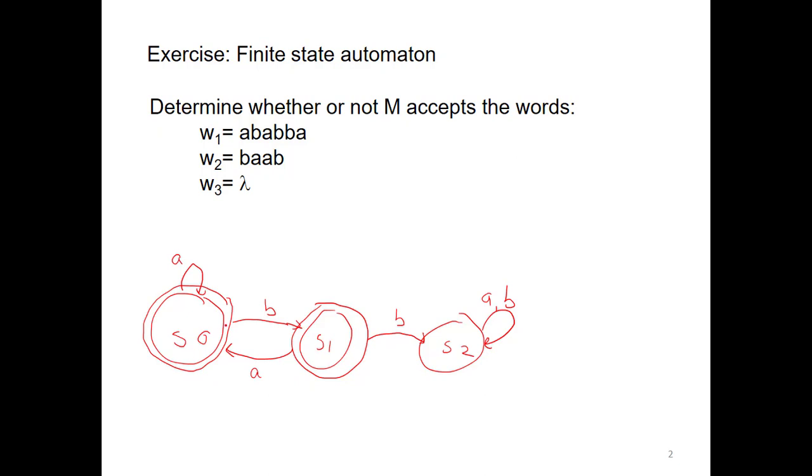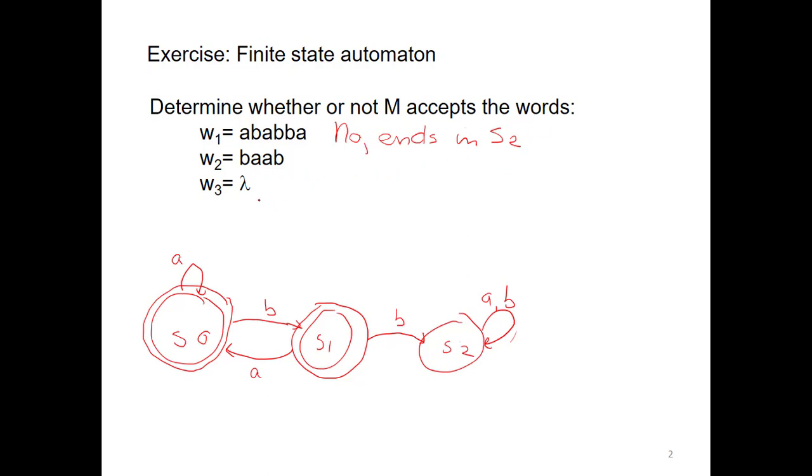We get a B, so we go to S1. We get another B, we go to S2, and we get an A, and we are still in S2. So, is that word acceptable with its finite state automaton? And the answer would be no, because we're ending in S2. And S2 is not a final state, so this is not allowed.